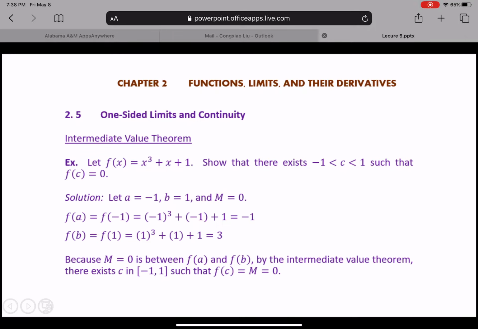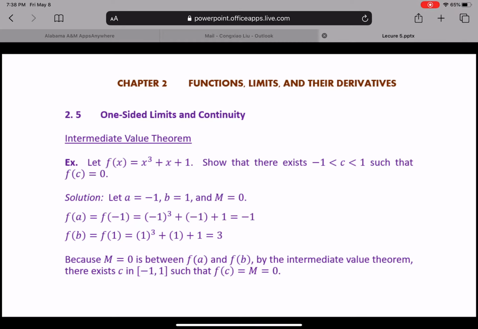So one of the important applications of the intermediate value theorem is to find the numerical solution of some equations. So in the next example, let's use this theorem to show that there exists a number x such that the function vanishes at that point.